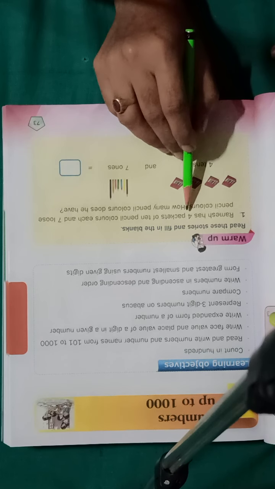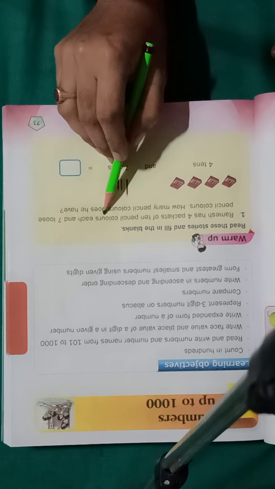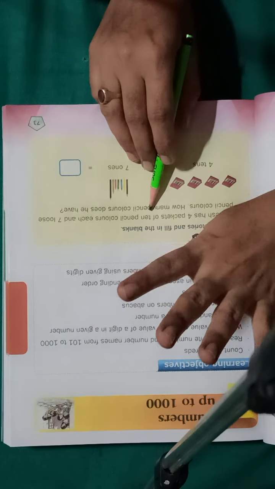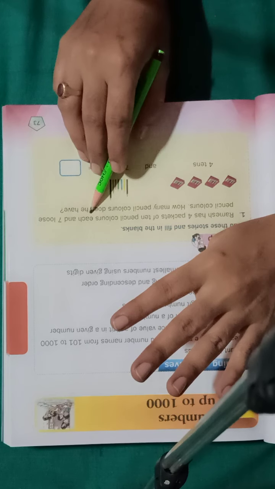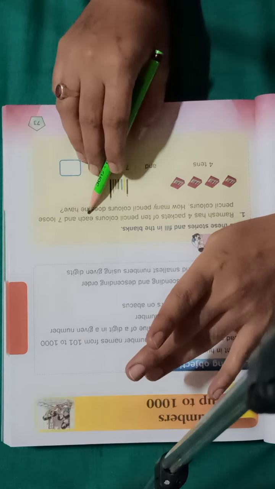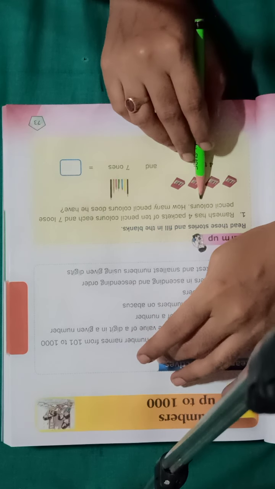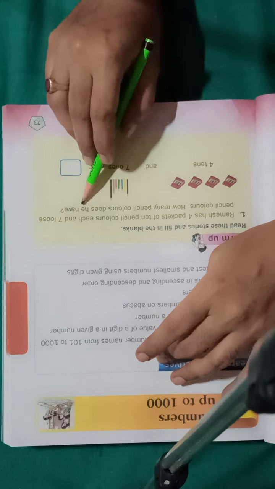See here. Ramesh has 4 packets of 10 pencil colors each and 7 loose pencil colors. How many pencil colors does he have?